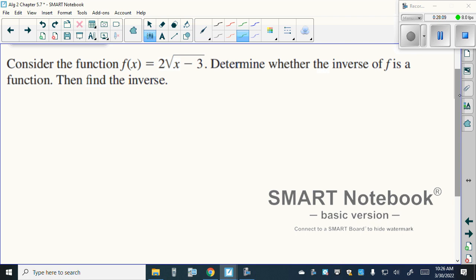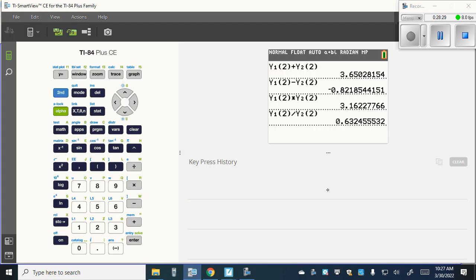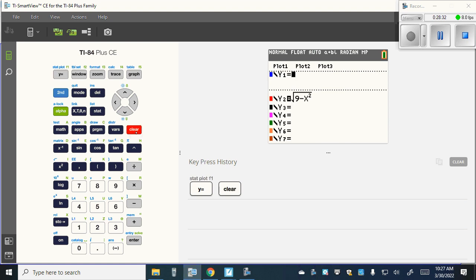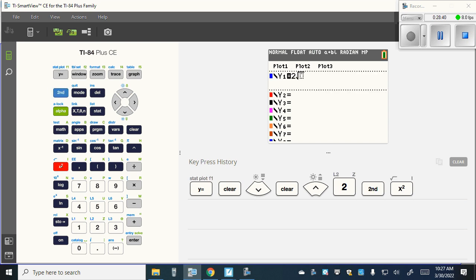Now, again, we can look at this to see if it does pass the horizontal line test. And all we would need to do that is to graph it. So we can type it into the calculator. 2 times the square root of x minus 3.